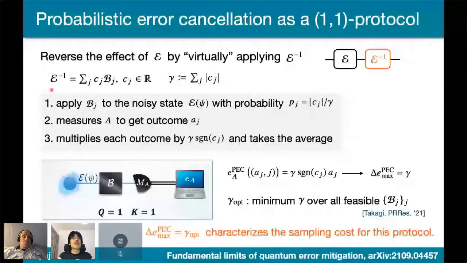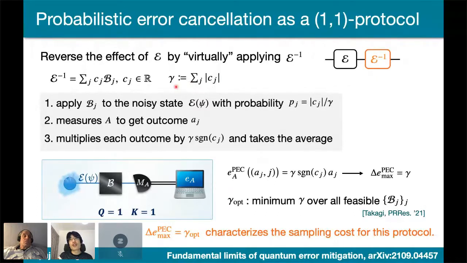Then this linear map can be expressed by a linear combination of some basis operations Bj, if you choose the right set of basis operations, using real numbers Cj. Since Cj is a real number, it can also be negative. This is an important point. Then I define the sum of the absolute values of these coefficients to be a gamma factor here.